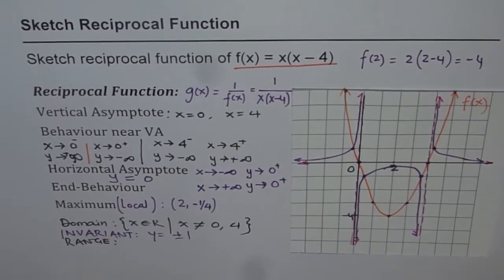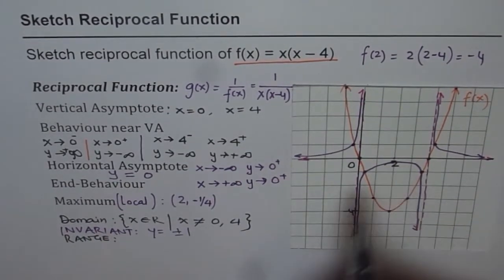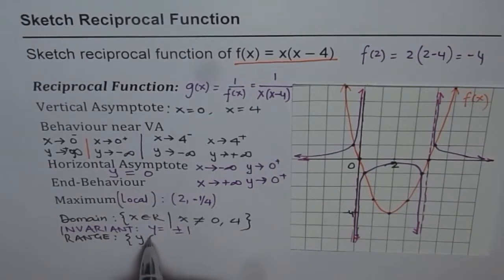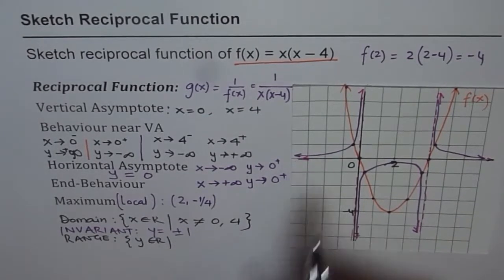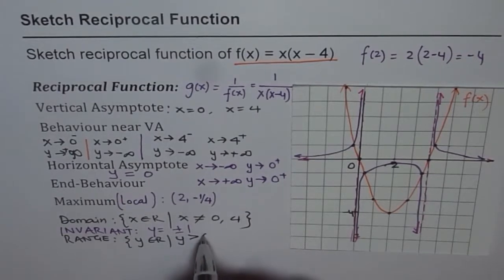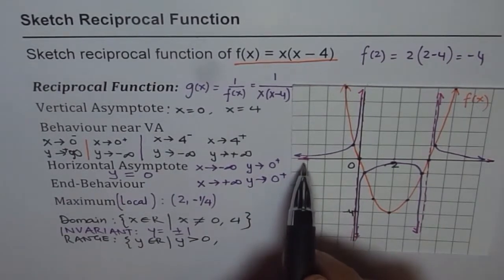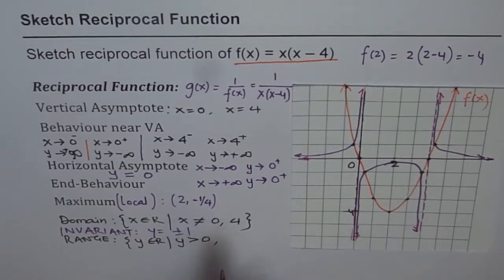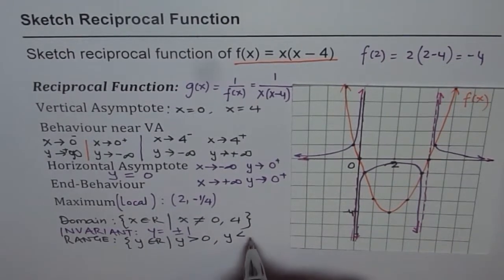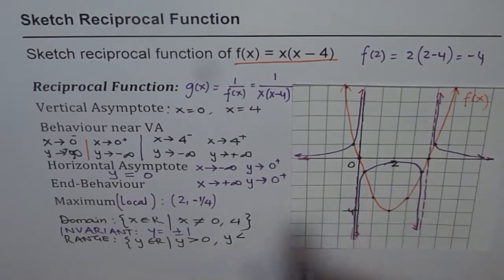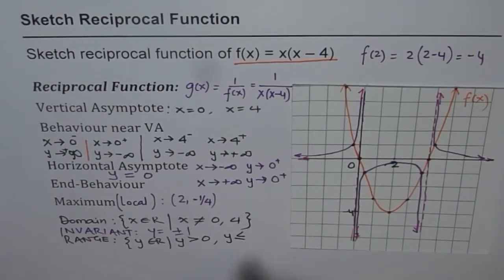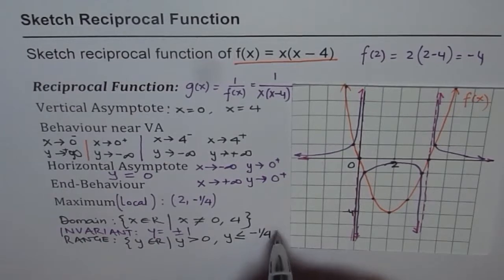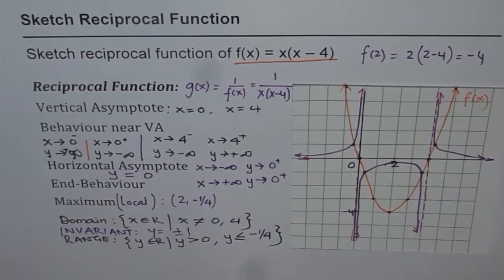So range is, as you can see, y belongs to real numbers, and in the top half y is greater than 0. y can never be 0 as we have a horizontal asymptote, and in the lower half y is less than its local maximum value, which is minus 1 over 4. So we can say y is less than and also equal to, because that's the value it is equal to, minus 1 over 4. So that becomes the range of this function.